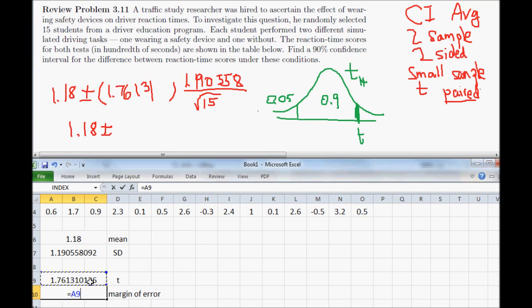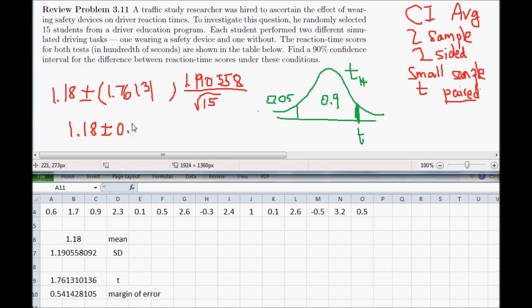So that'll be equal to the value of t times the standard deviation divided by the square root of 15, which leaves us 0.5414, and cutting it off to two decimal places, 0.54, and the units in this case are hundredths of seconds. So 1.18 plus or minus 0.54 hundredths of a second.